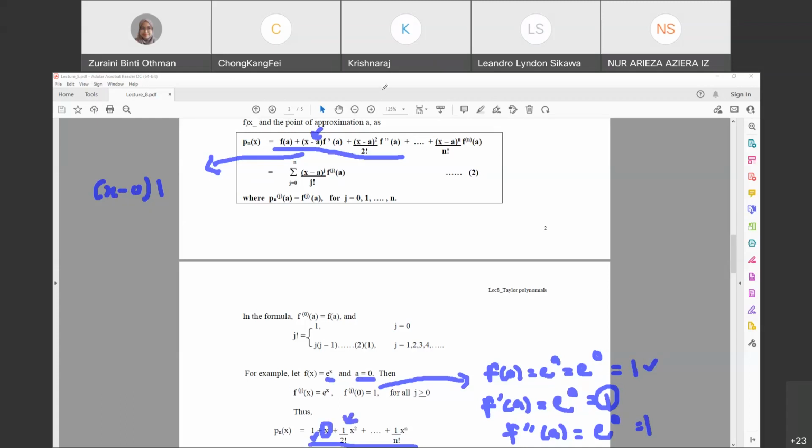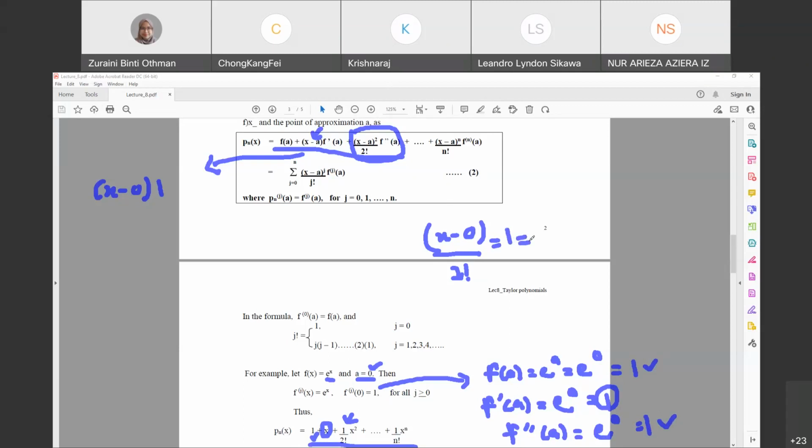Macam mana kita nak dapat? Okey, kita tengok yang ni pula. Dia ialah kuasa 2 pula kan? Dia tambah yang ni pula, which is X tolak A, kita ialah kosong. Kita tengok kita punya nilai ni, A ialah kosong bahagi dengan 2 factorial and F double prime A, it is also 1.